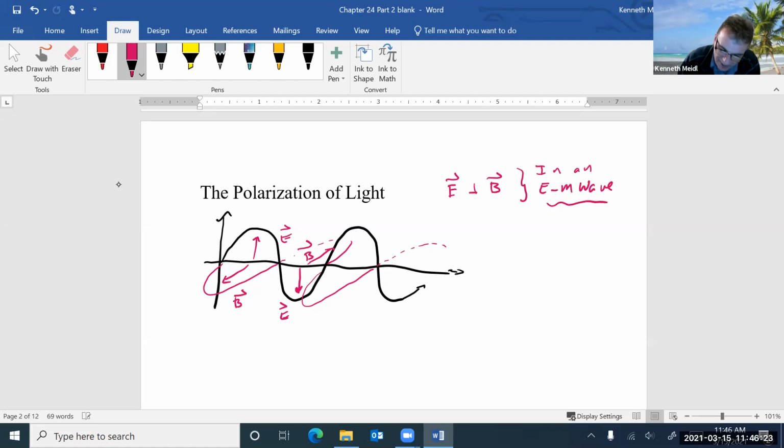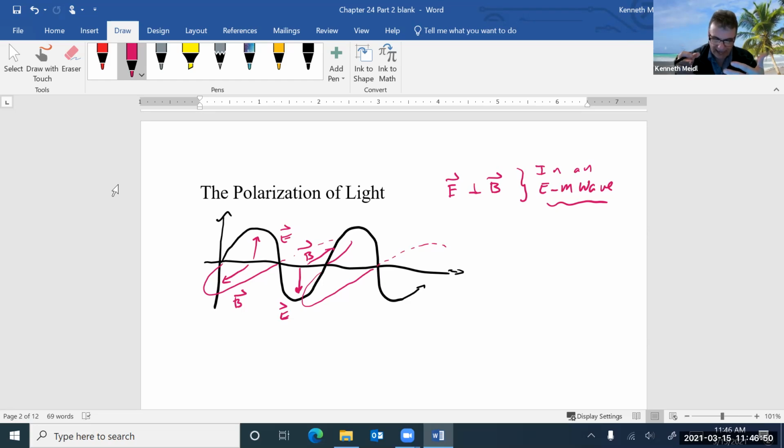That may not always be the case, but the ones that we will look at are the nice, simplest waves to deal with. And when I draw it this way, notice that the electric field, which is really the black serpentine line, is staying on the piece of paper. And the magnetic field is going out of the paper and then into the paper, and out of the paper and into the paper.